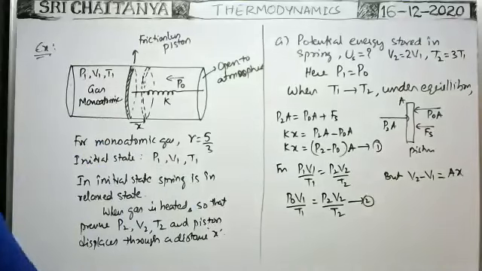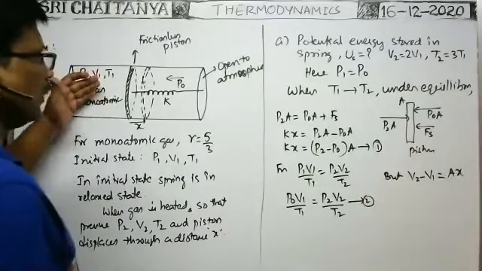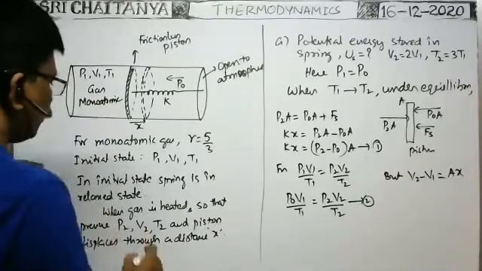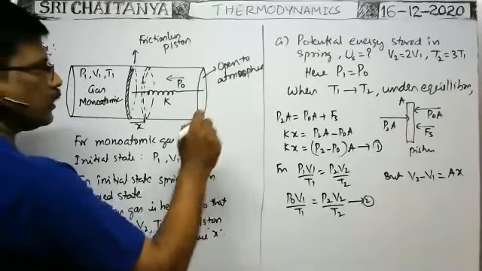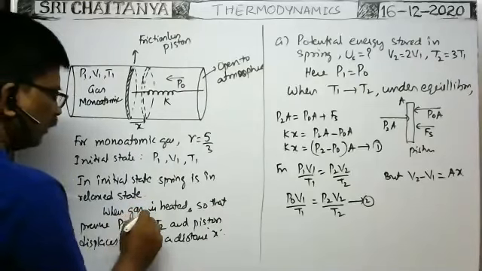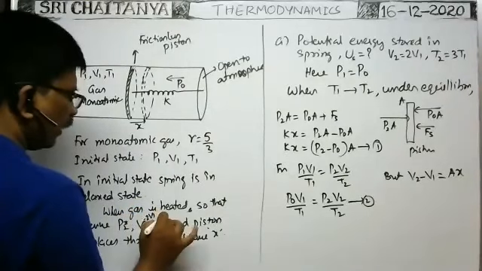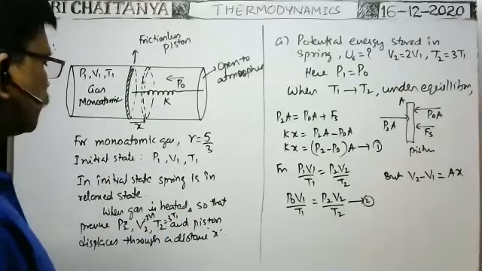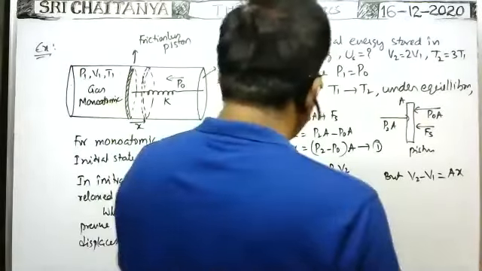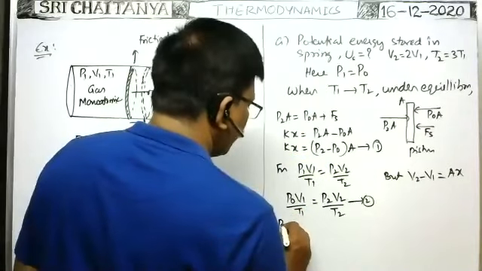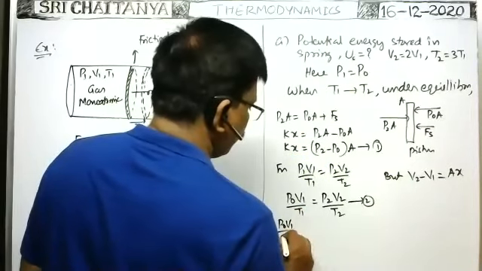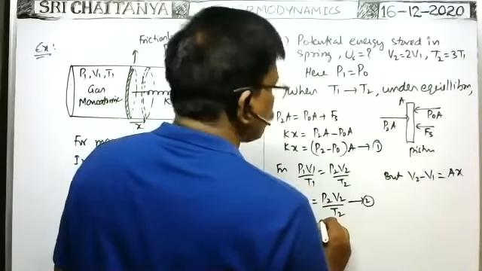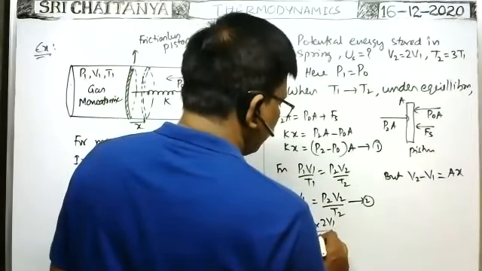So whenever the gas is heated in the first case, V2 is equal to 2V1 and T2 is equal to 3T1. Then what is the energy stored in the spring? That is the question. So in this formula, you substitute P0 V1 by T1 is equal to P2 into 2V1 by 3T1.